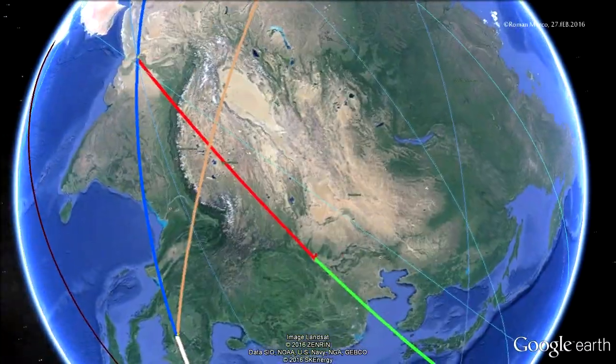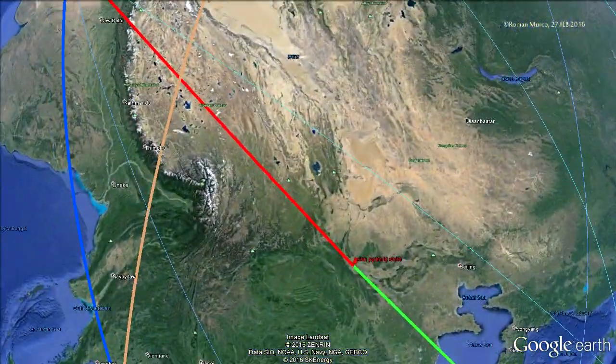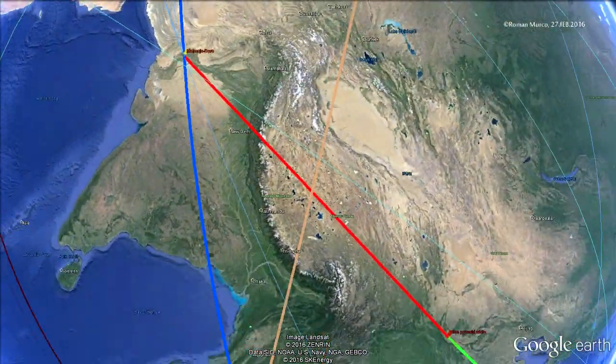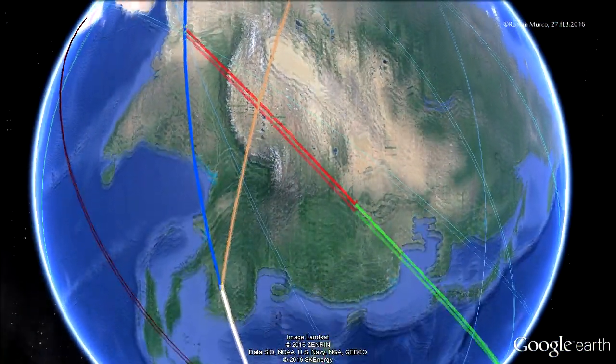And there are also other tracks, or paths, for example, from Easter Island through the Xi'an White Pyramid back to Mohenjo-Daro, which also is in special proportions.